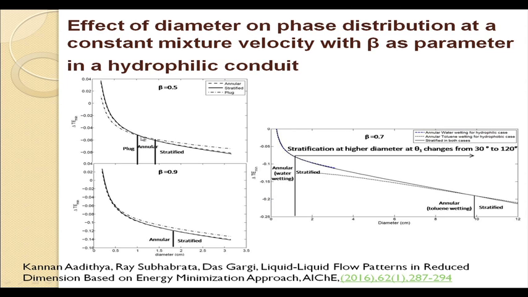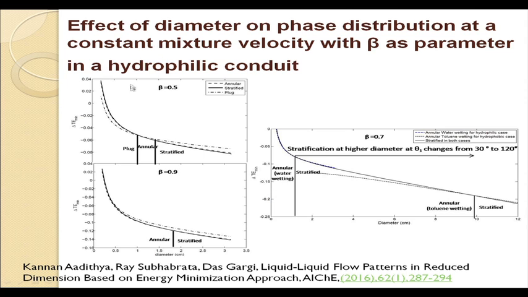For some particular small diameter range the annular flow is stable, and beyond that the stratified flow is stable, but in this particular case initially the stratified flow has comparable total energy with the eccentric core annular flow. This is what is expected.